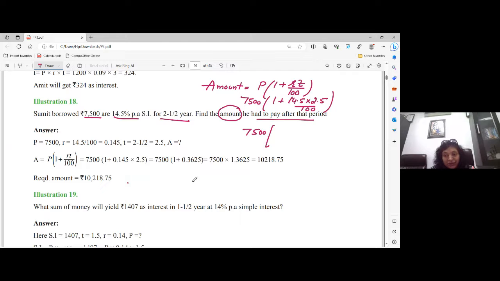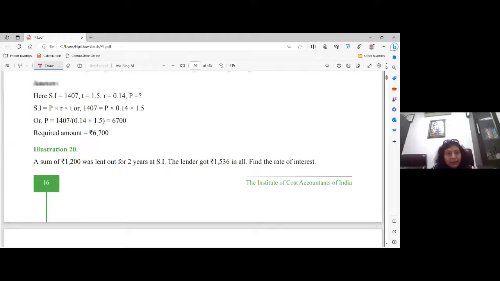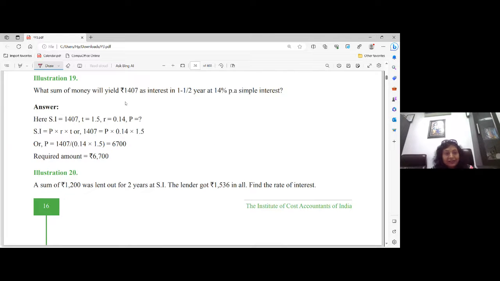Now, if we want to find out any missing information, like the question says, what sum of money will yield rupees 1407 as interest in 1.5 years at 14% simple interest? Now we have to find out principal. So the formula is simple interest into 100 upon rate into time.